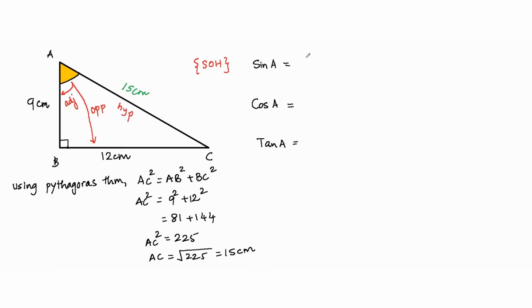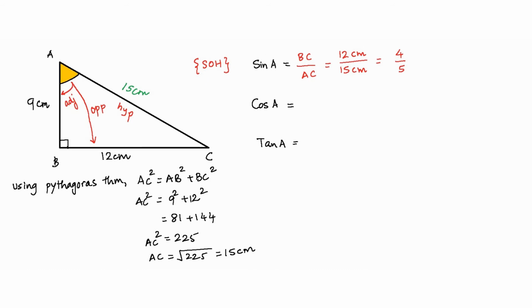So sine is opposite upon hypotenuse. Opposite is BC divided by the hypotenuse is AC. BC is 12 centimeters and AC is 15 centimeters. So 12 divided by 15 is 4 by 5. So sine A is basically 4 by 5.